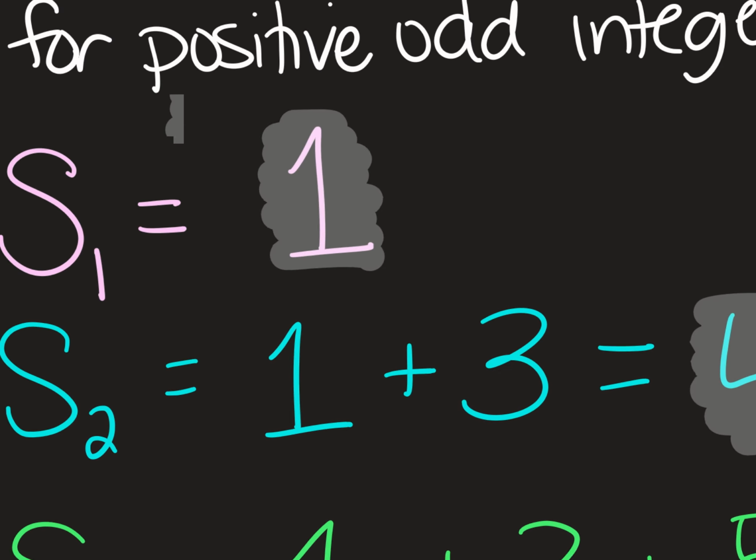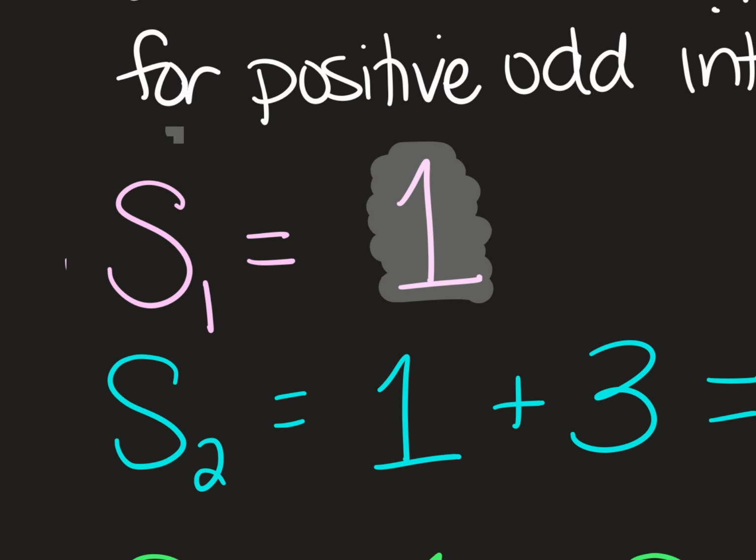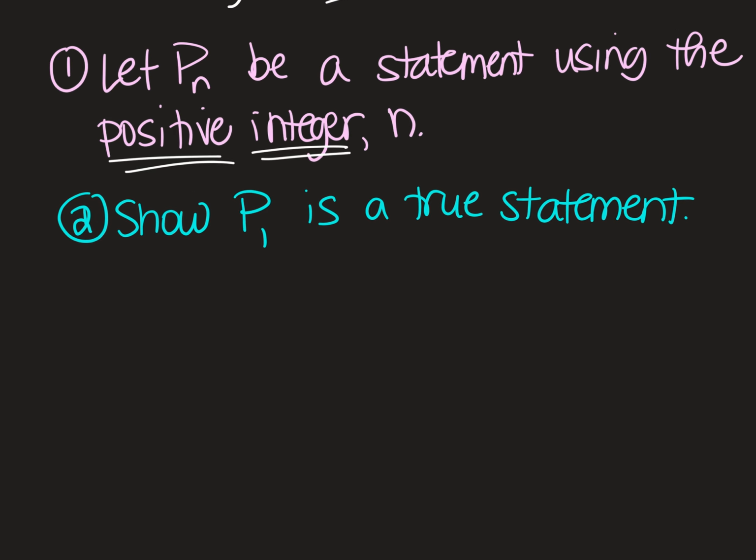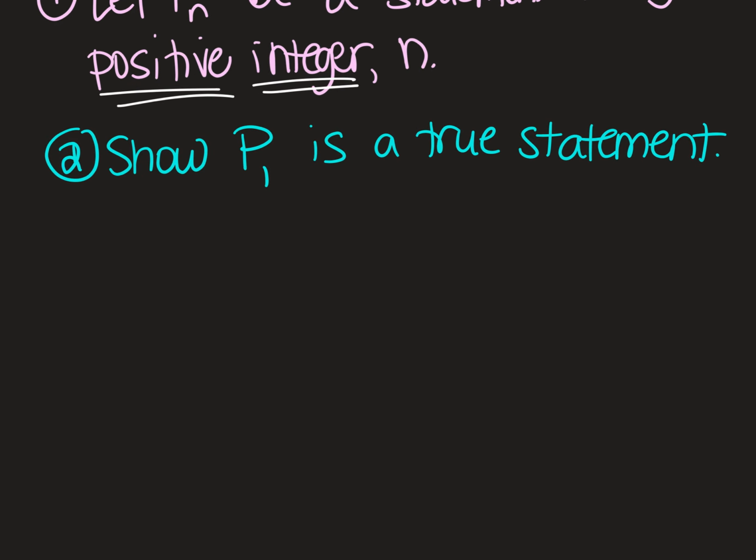And the sequence is just going to be 1. So I'm starting my proof by looking at whether the first number in the sequence actually works. So is P sub 1 true?